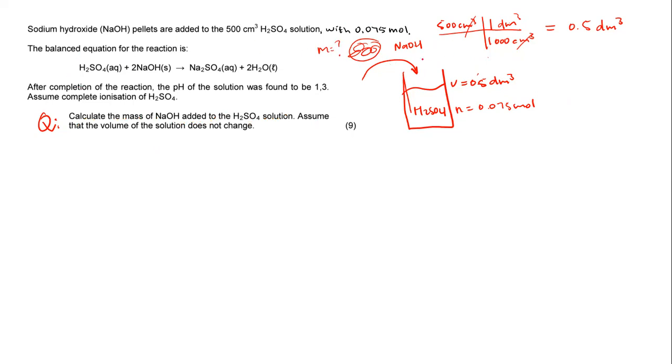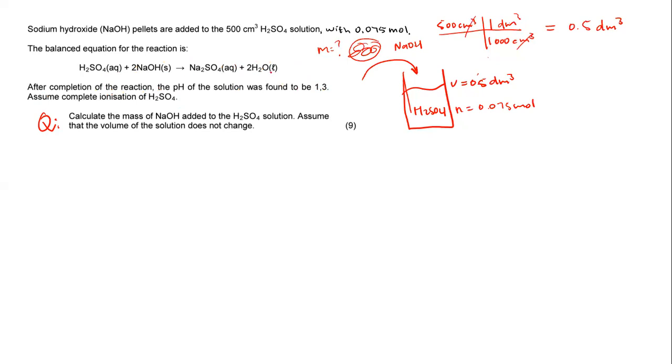Now, when sodium hydroxide is added into this solution, this equation is true, whereby H2SO4 will react with sodium hydroxide to form these products. This is an acid and base reaction, whereby salt and water has been formed. Now, after completion of the reaction, the pH of the solution was found to be 1,3. Now, this is what is happening.